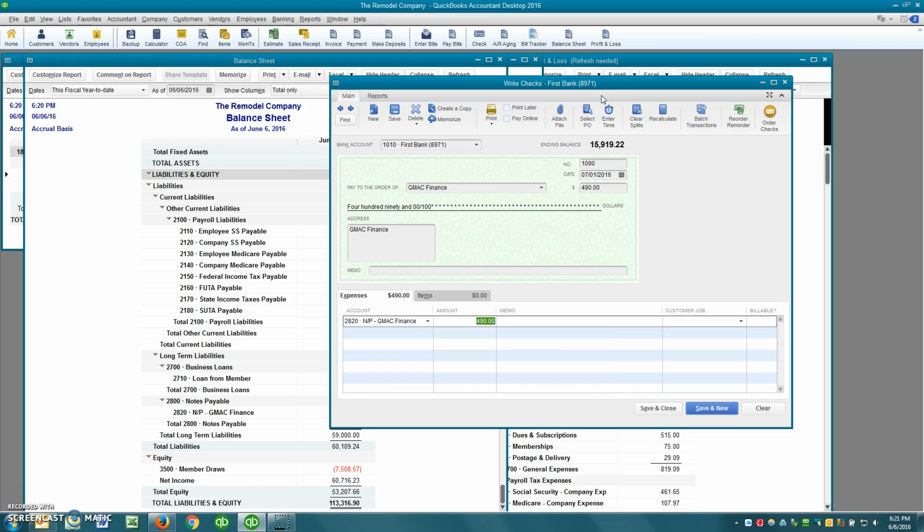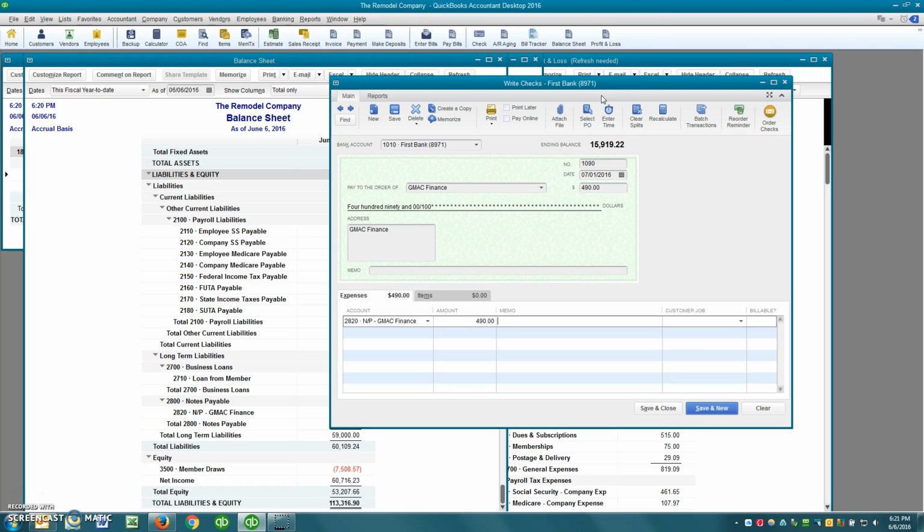Now, if you think about it, technically $490, if those were our monthly payments, not 100% of that, in fact hardly any of that at first, is paying down the principal of this loan. Okay, a large percentage is going to be interest.